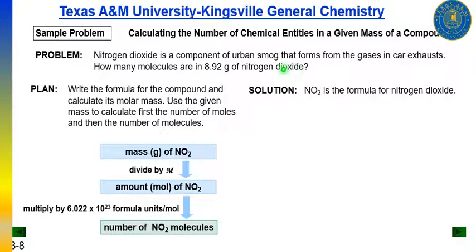NO2? Our plan: we are going to write down the formula accurately for nitrogen dioxide, and then calculate the molar mass by adding the atomic masses together. You sum the atomic mass of each element to determine the molar mass.